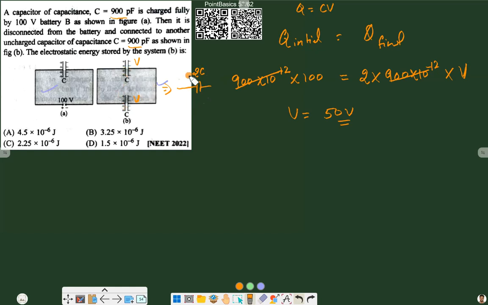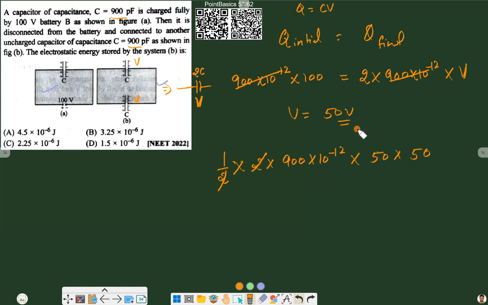So C plus C is 2C, and their potential is V, and V is equal to 50 volts. So in both scenarios the answer will be the same. We will be doing with this. So half CV square is the potential energy. C value is 2C. So 2 into C is 900 into 10 raised to power minus 12. And we have 50 into 50. This 2 gets cancelled.